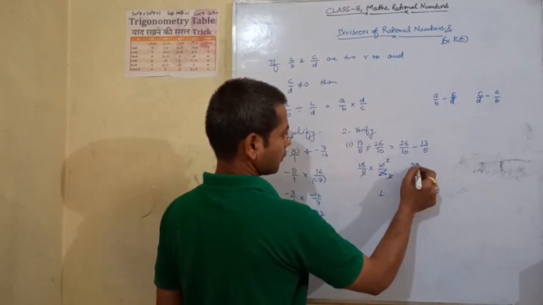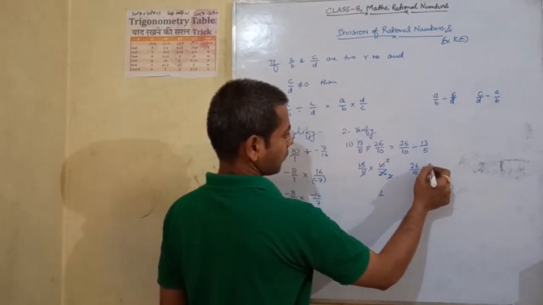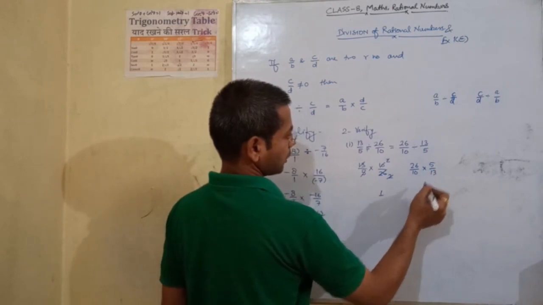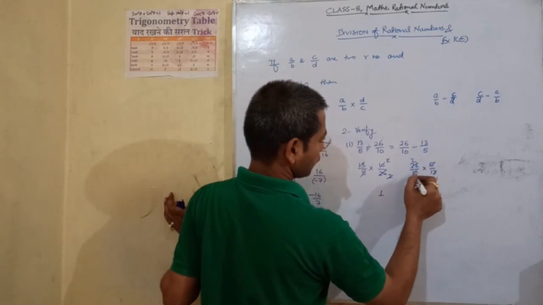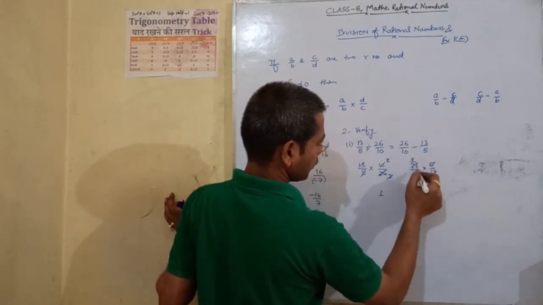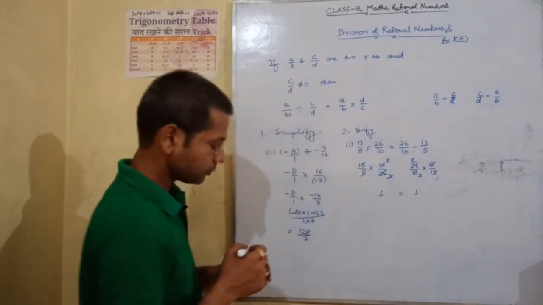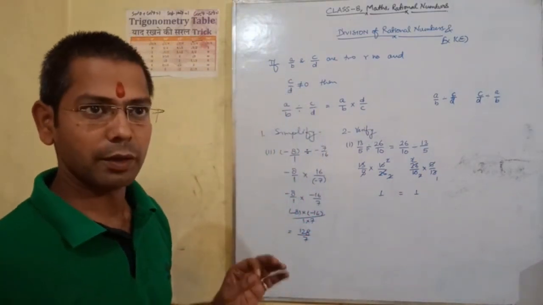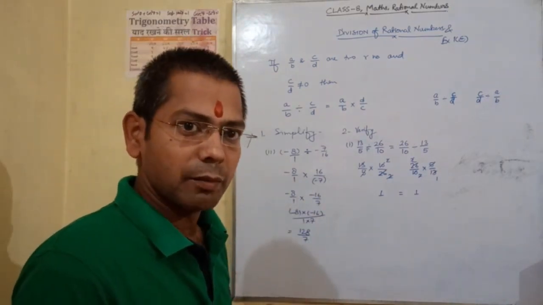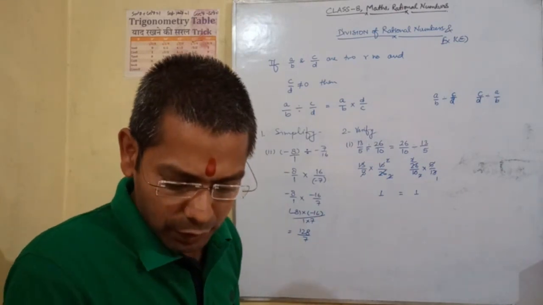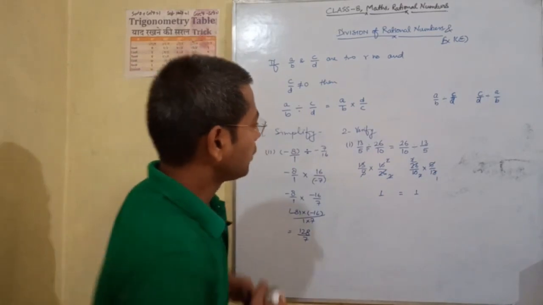And 26 upon 10 multiplied by 5 upon 13: 13 into 26 is 2, 5 into 10 is 2, they cancel, and it is 1. So the result is verified: the first number divided by the second and the second divided by the first give the same result. It is true.